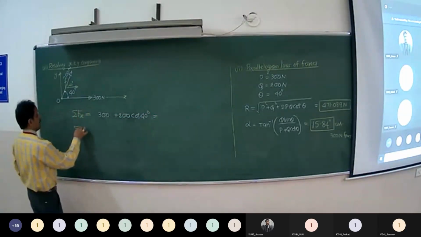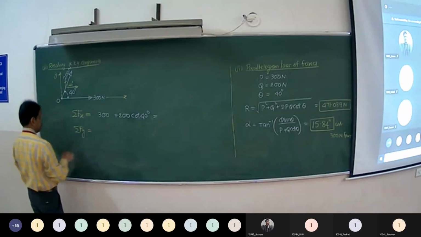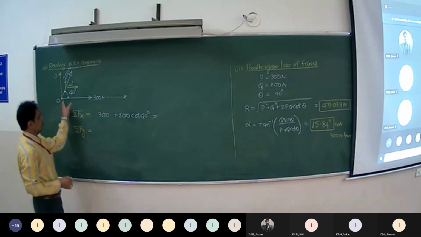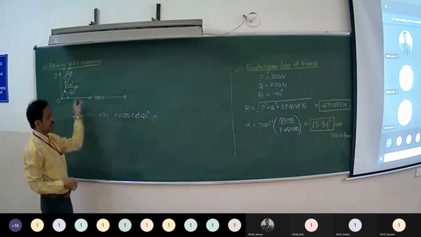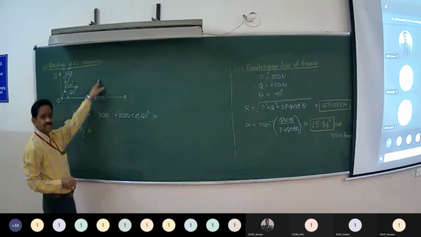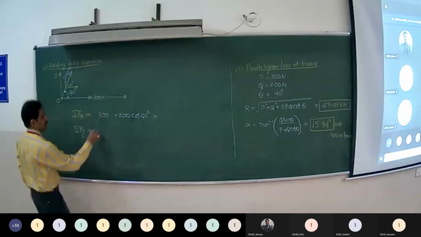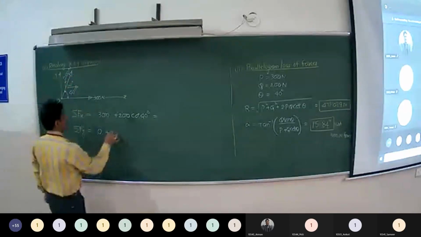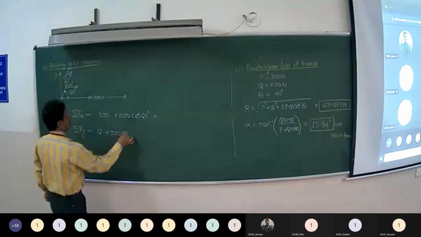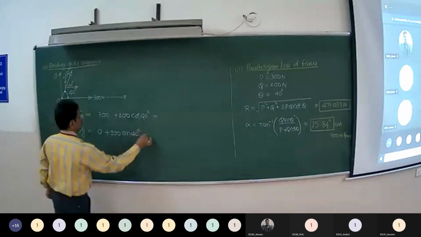Now algebraic sum of y components of the forces. What is y component of 300? 0. It is acting along x-axis, its y component is 300 sin theta, theta is 0. And y component of 200 is plus 200 sin 40.